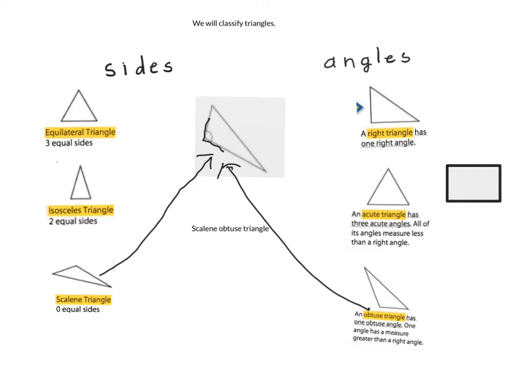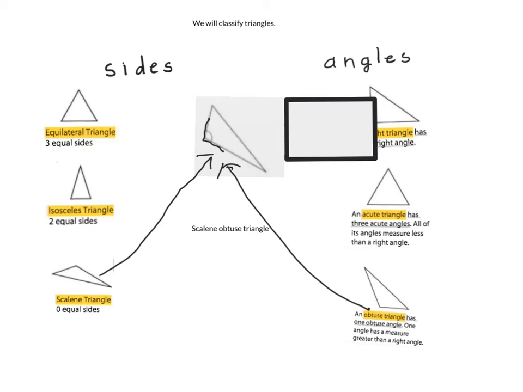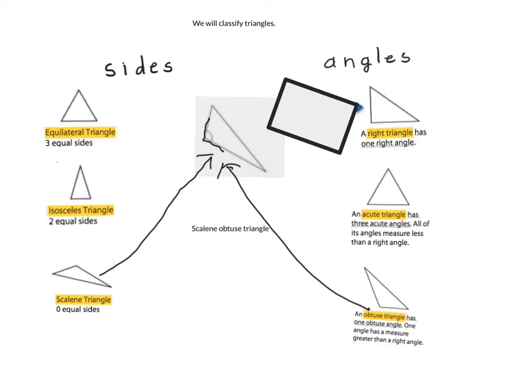So I want to show you a trick in measuring angles. If you take a piece of paper, and I'm going to use this rectangle as my piece of paper, the corners are 90 degrees. So if I wasn't sure if this was obtuse or acute or right, I could just simply take my paper, place it on here, and I see that it's greater than 90 degrees.